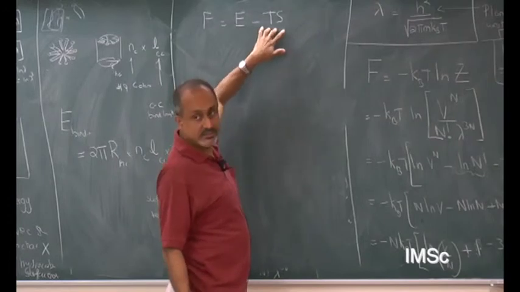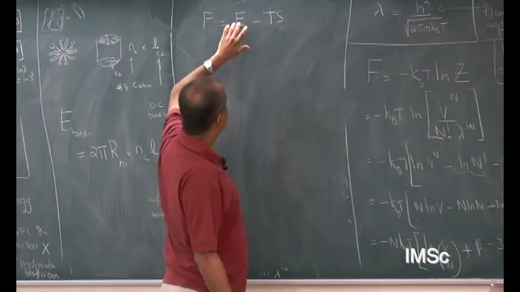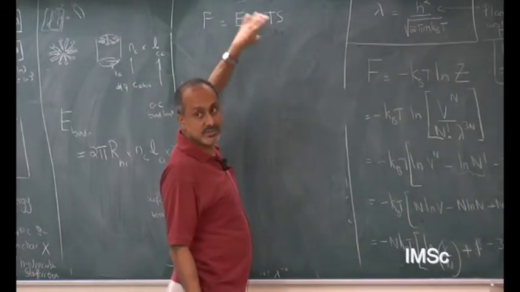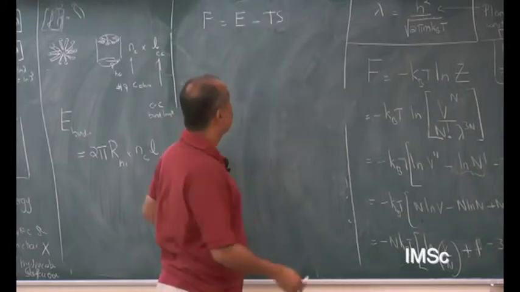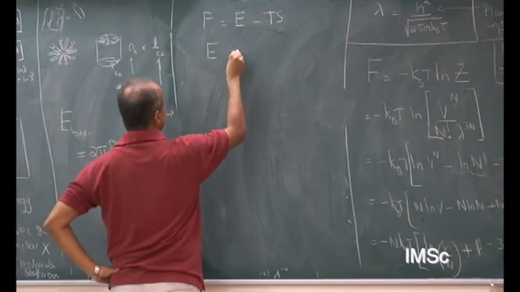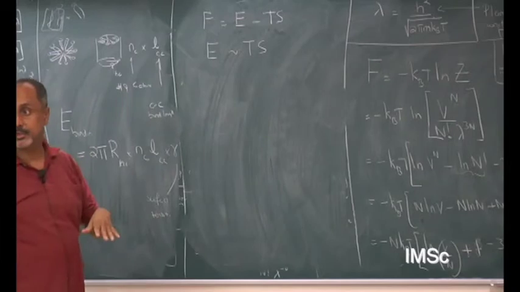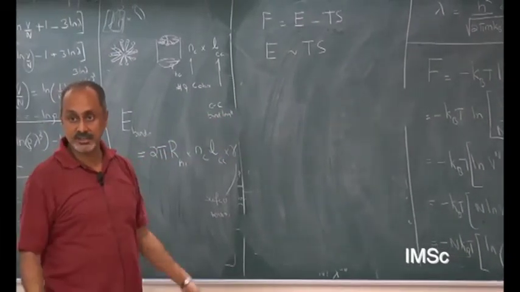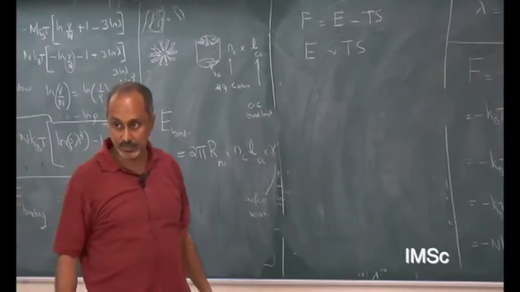So this will become very negative if S is large. On the other hand, if this quantity dominates, then this thing will be positive and this will be small. If the entropy is small, then this term will win out. So you can roughly balance these two by saying where the energy is of order T times the entropy, that is where the transition happens between things being homogeneous and moving around versus the collapsed condensed state that we drew out here.